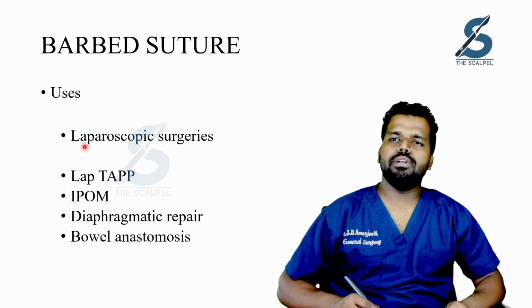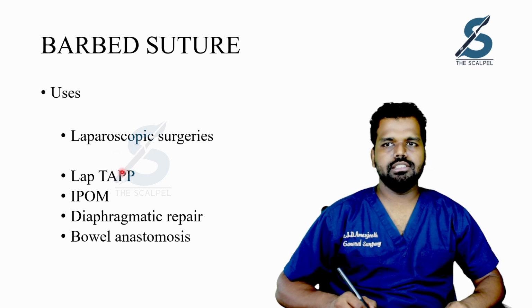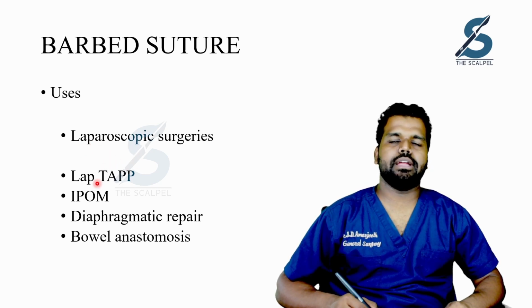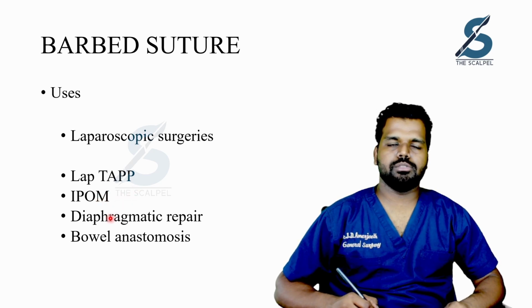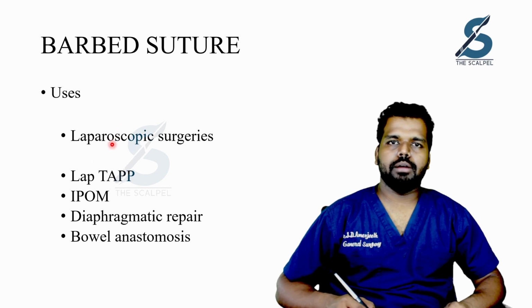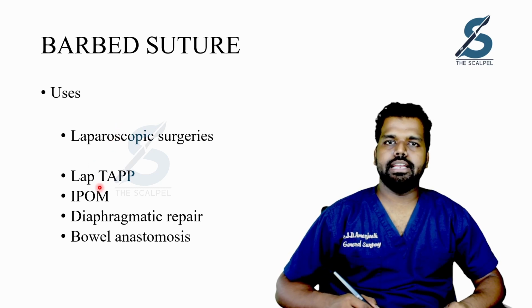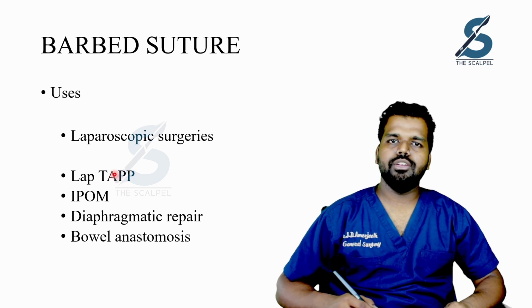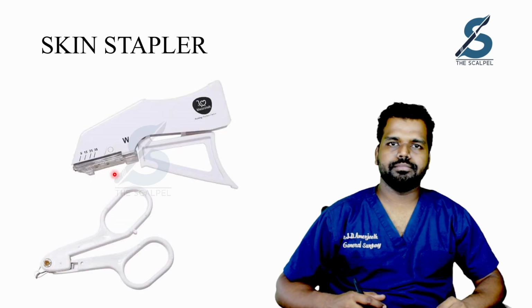These are very commonly used nowadays in laparoscopic surgeries, for example laparoscopic TAP, IPOM, even diaphragmatic repair, and also in bowel anastomosis. There are a lot of suture materials available as barbed sutures, for example Prolene, PDS, Vicryl, etc., and you can choose whichever type you want.